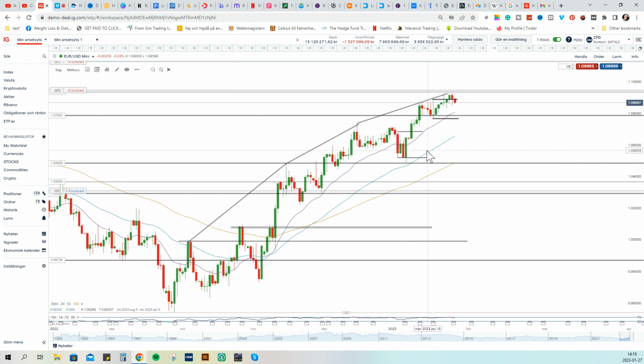The first take profit level is at this level here, at 1.06850, slightly above this 50 EMA. So here is the first take profit level, and this is the second.